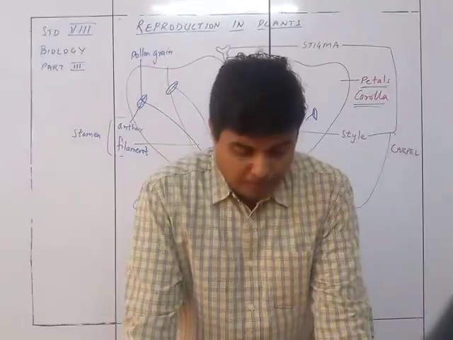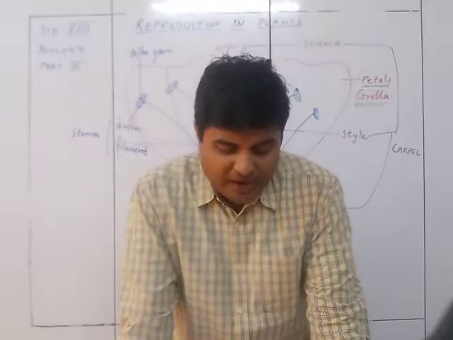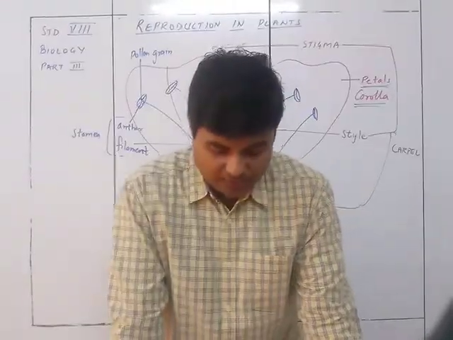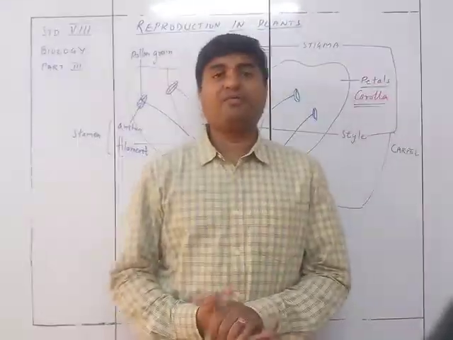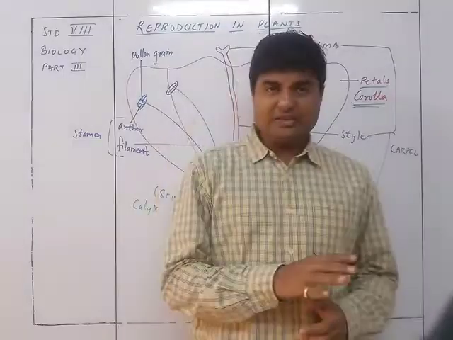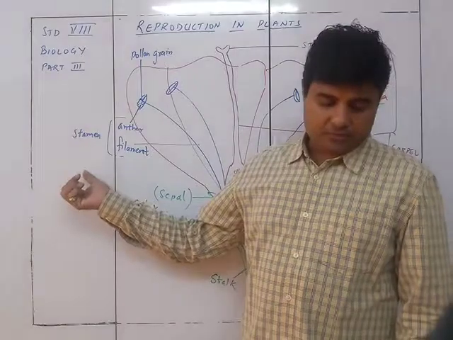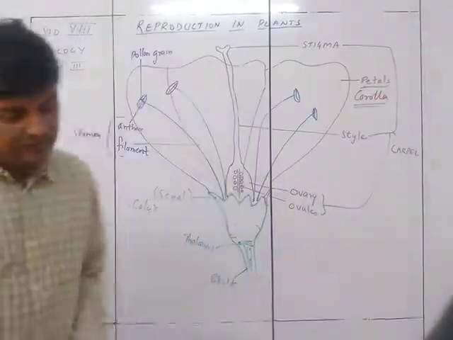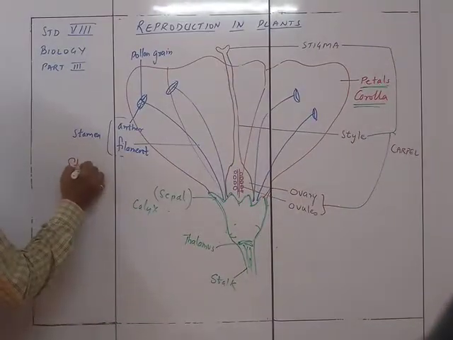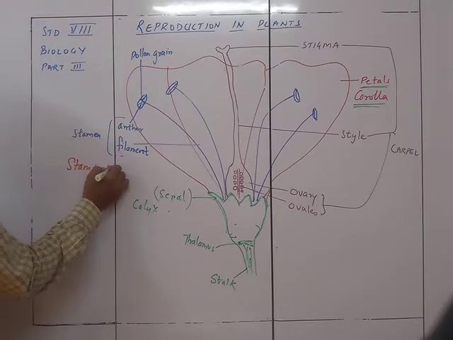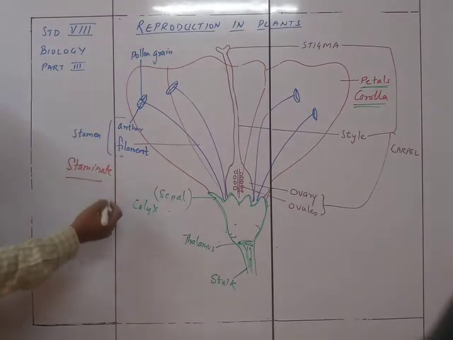Those bearing only male or female parts are unisexual flowers. If the flower contains only male parts, it is called staminate, from stamen.